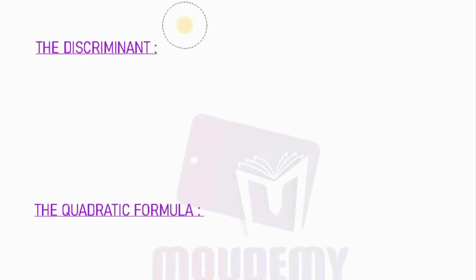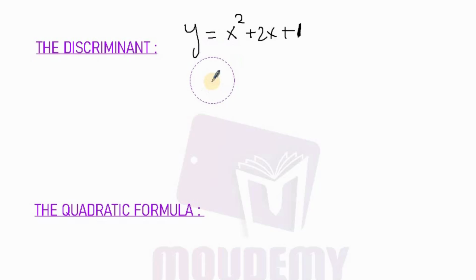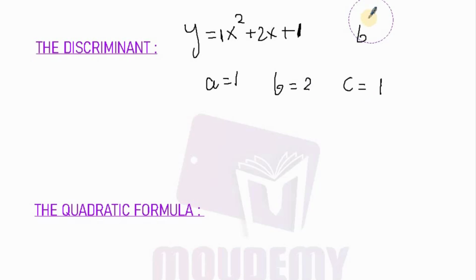Suppose that we have an equation like x squared plus 2x plus 1. What is the discriminant of this equation? We have a equal to 1, which is the coefficient of x squared, b equal to 2, and c equal to 1.